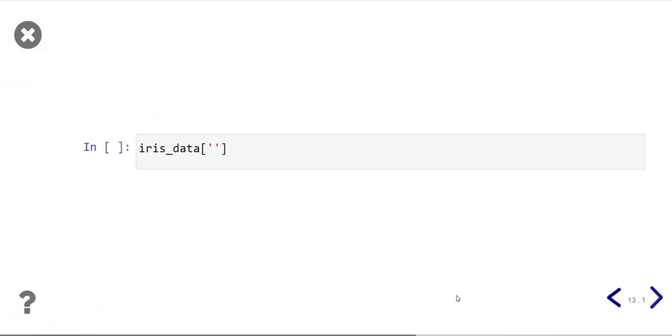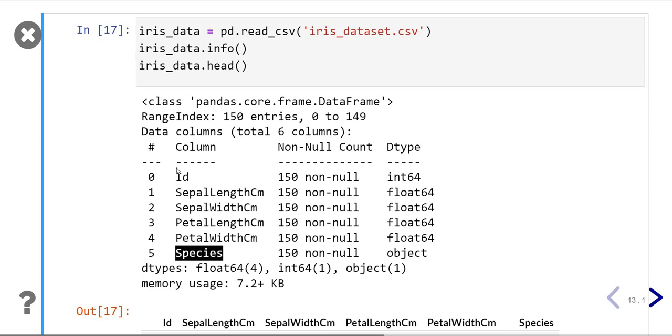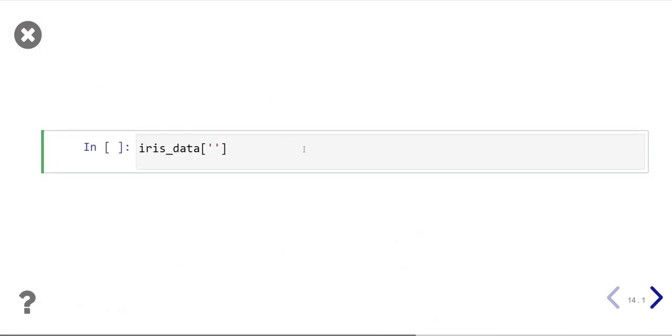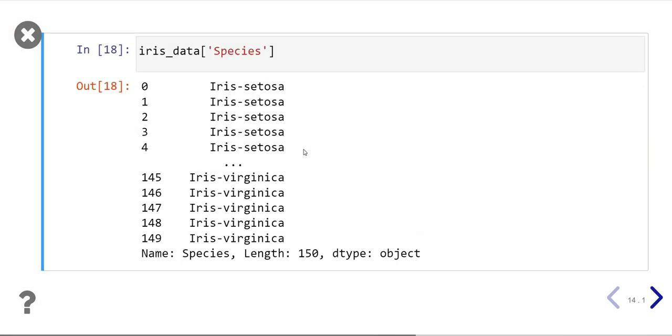Because just now with the head we couldn't see much, right? It only shows the first few. So you can see the whole range of it: Iris setosa, Iris virginica. When you type species, it also shows the head and the tail of the column.